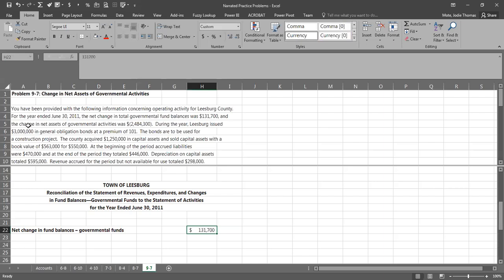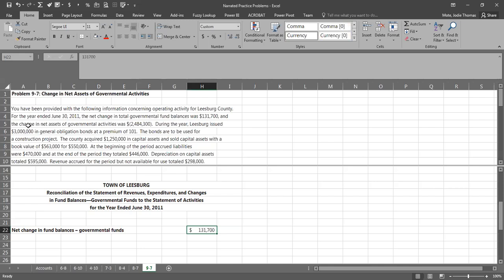So reviewing this problem, there are all kinds of things that should jump out at you. Whenever you see big things like $3 million in general obligation bonds, you've got to think revenue on the governmental fund side and debt on the governmental activity side. And when you see the county acquired 1.25 million in capital assets, you've got to think expense on the governmental fund side and just a capitalized asset on the governmental activities side.